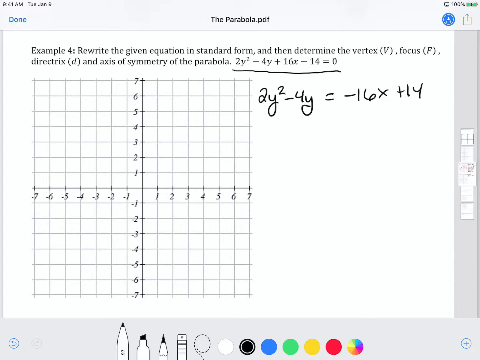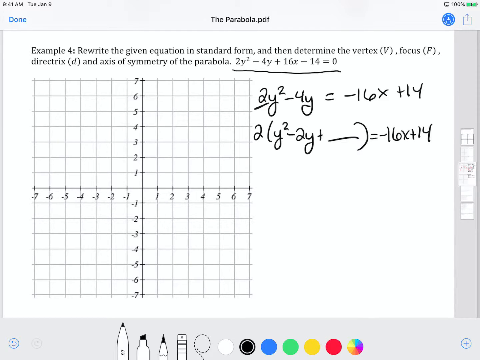Now, in order to complete the square, I need to get rid of any coefficient that's in front of the y squared. We didn't have to do that in the previous example because the coefficient in front of the x squared in the previous example was 1. So first we have to factor out a 2. Okay, so I factored out a 2.